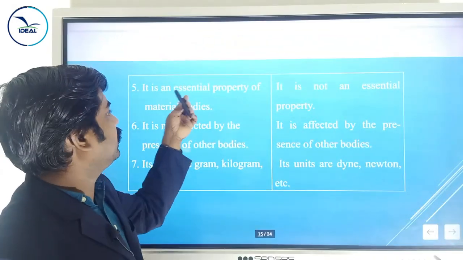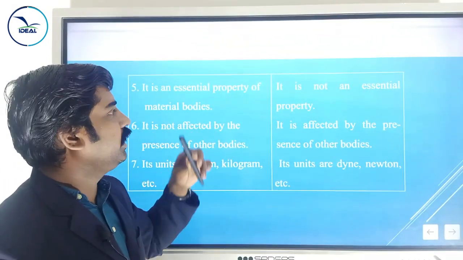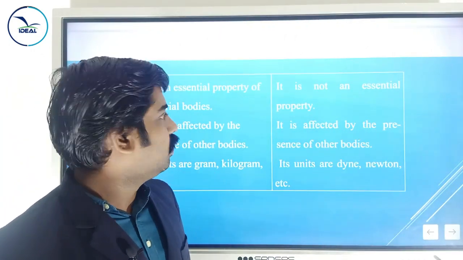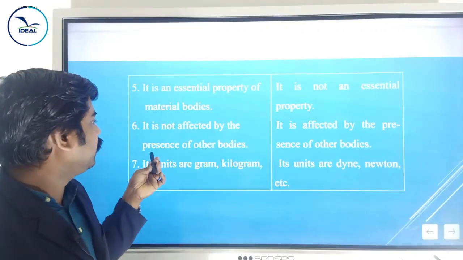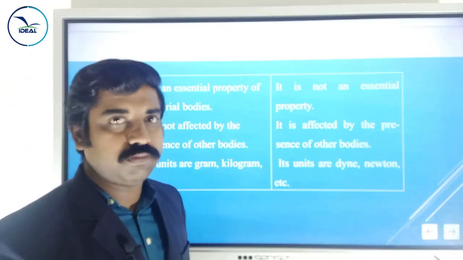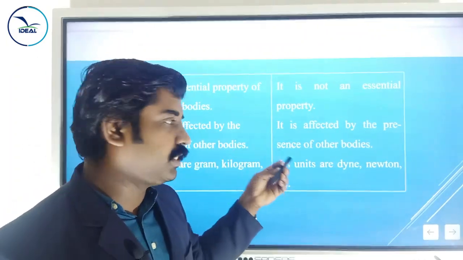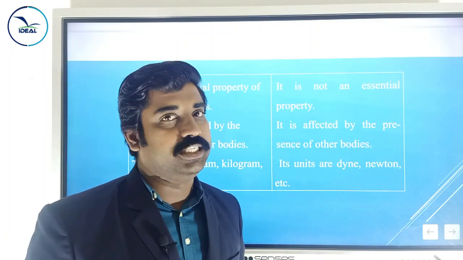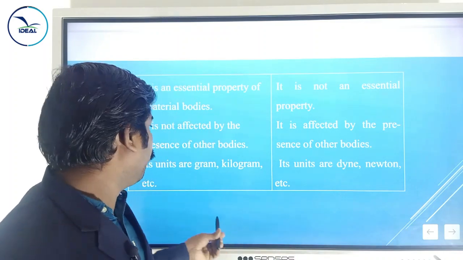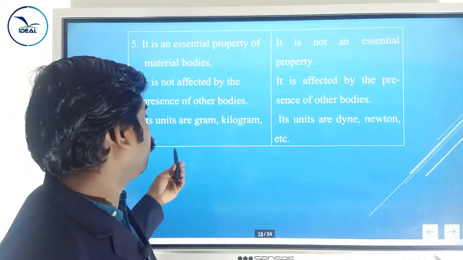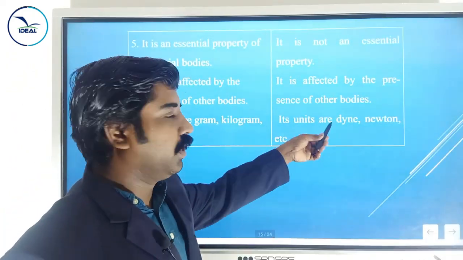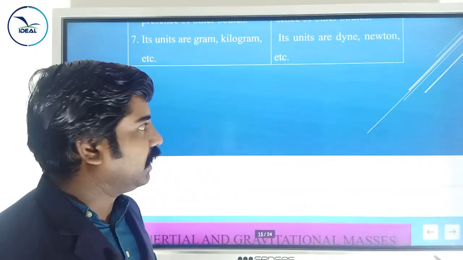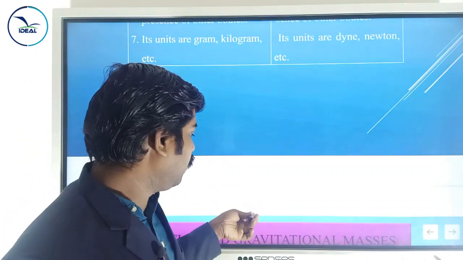Mass is an essential property of material bodies, but weight is not. Mass is not affected by the presence of other bodies, but weight may change by the presence of other bodies. The units of mass are gram, kilogram, etc., and the units of weight are dyne, Newton, etc. Clear? That is the difference between mass and weight.